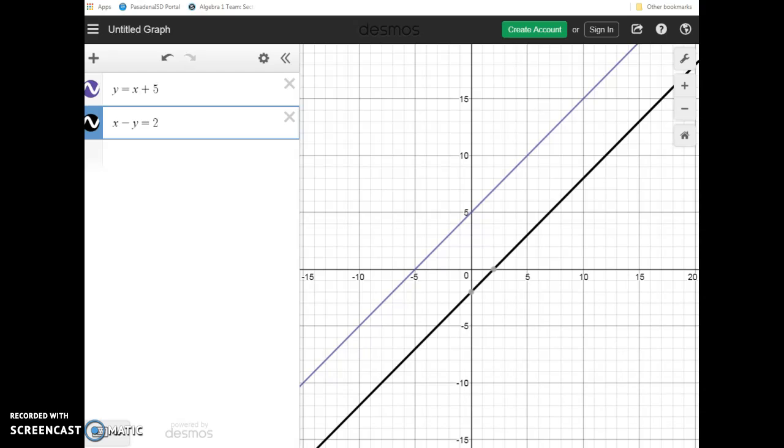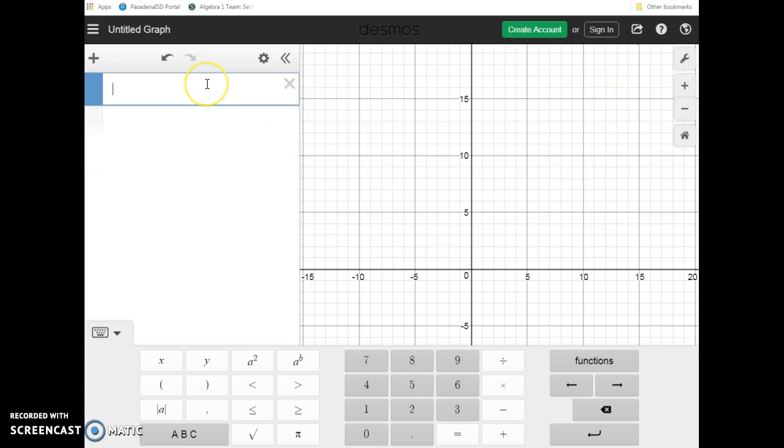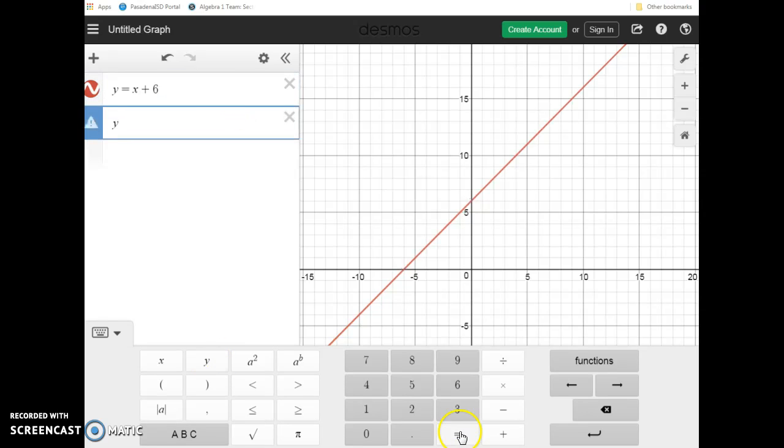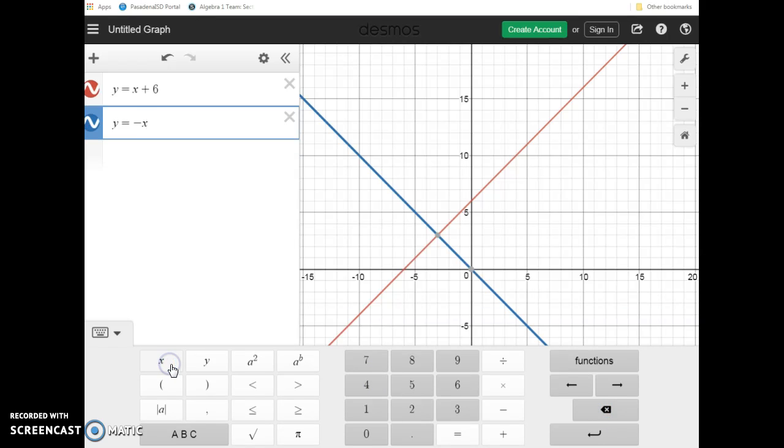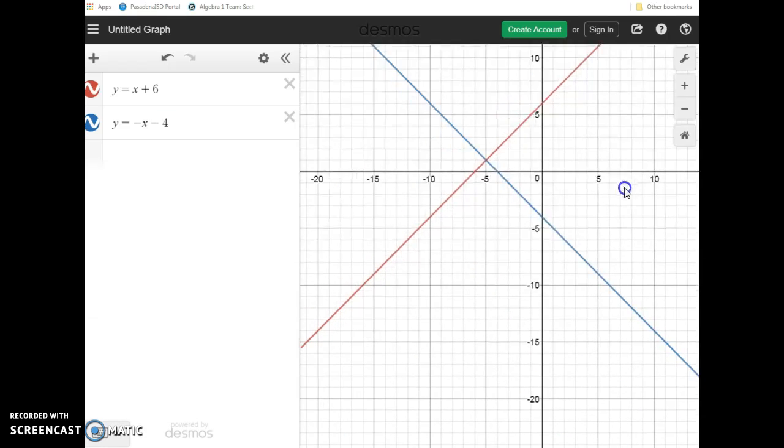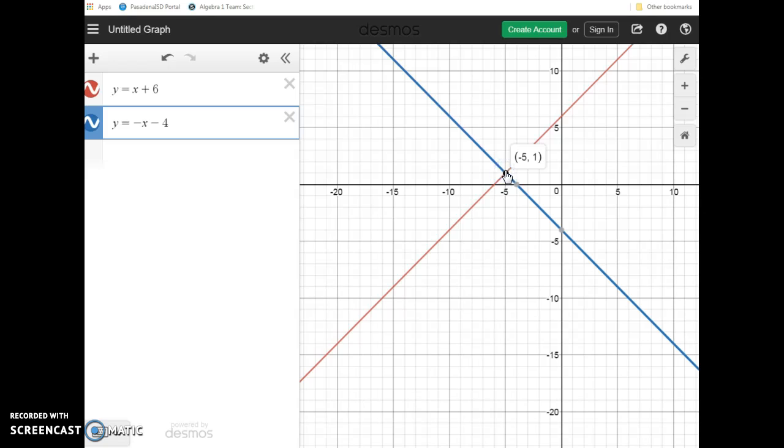First one, go to Desmos. Type in y equals x plus 6, and then down here, y equals negative x minus 4. Then you look for where they cross. They cross at negative 5, 1.